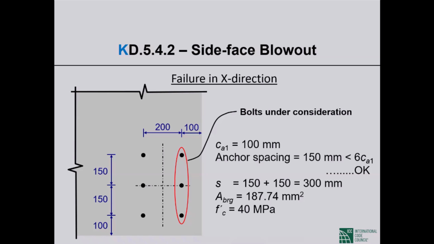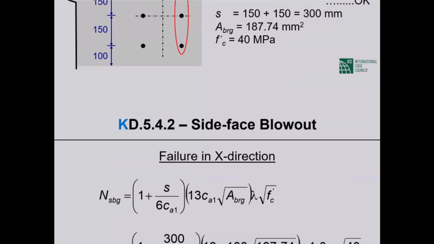Bearing area we saw earlier, 187.74 square millimeters, f'c 40 megapascal.